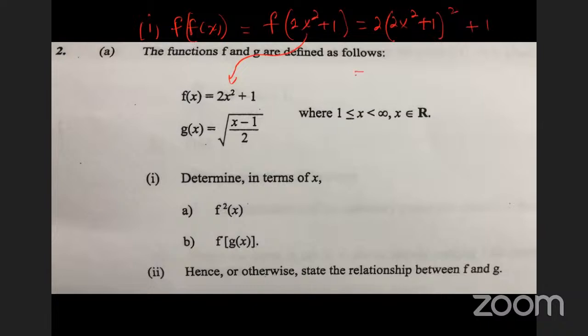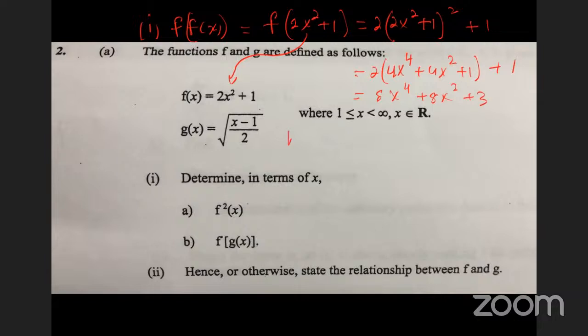When you square it out, you will get 4x to the 4th plus 4x squared plus 1 plus 1. So you'll get 8x to the 4th plus 8x squared plus 3. Anybody get that? Yeah, all the way there? Nice. So that's it, f squared, right?